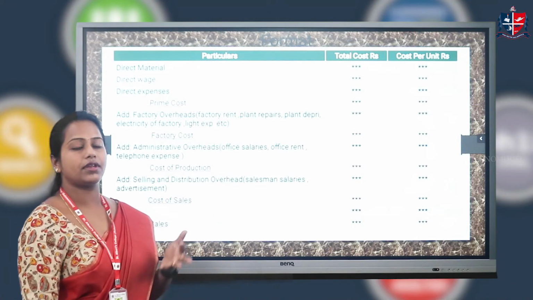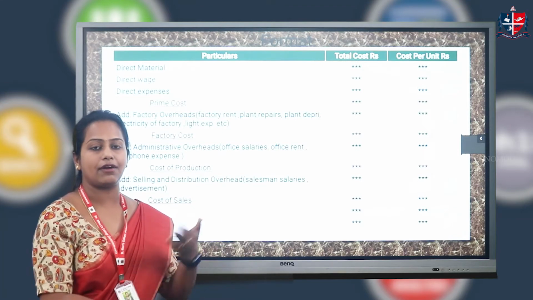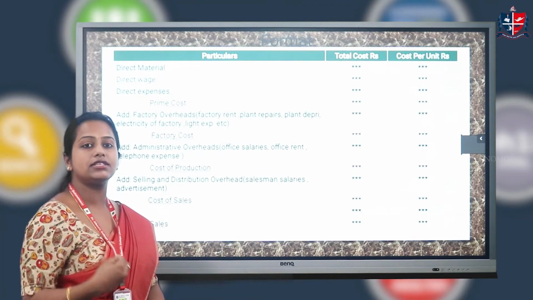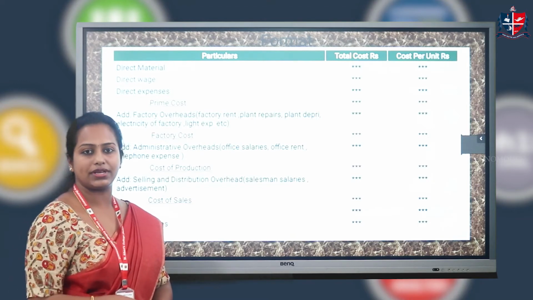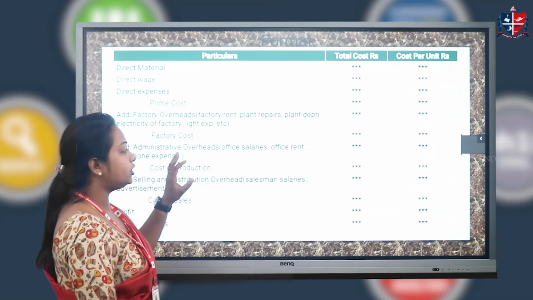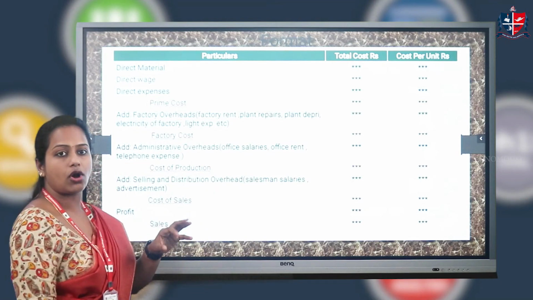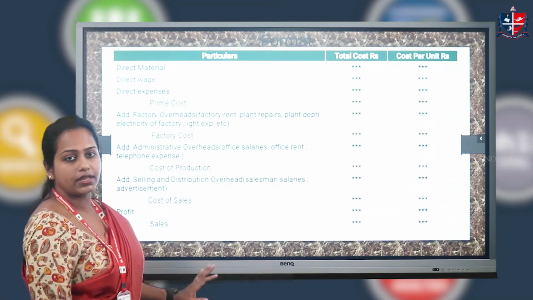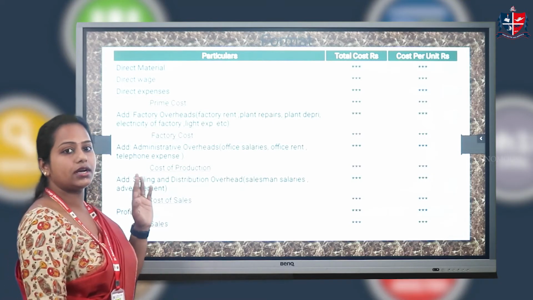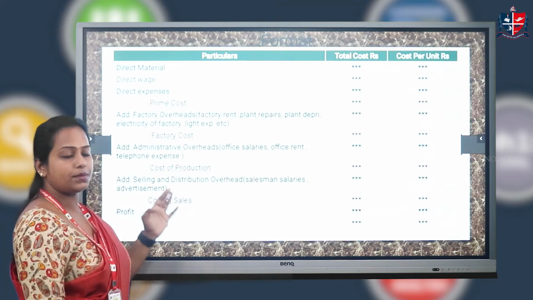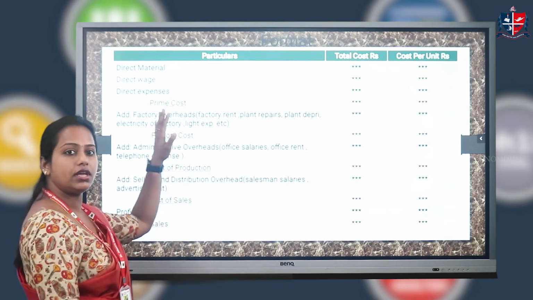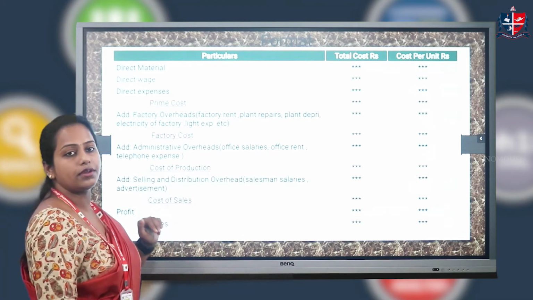When we have problem-type questions, the individual items will be given in the question, and then you need to prepare a table in this form and allocate the different components under different headings to find the final answer, that is the profit: what profit we have got in that particular accounting year.